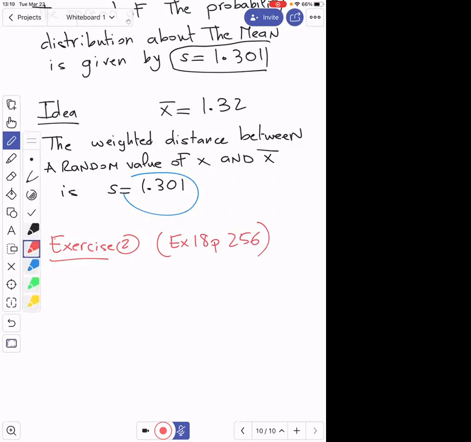All right, so here's x. X represents the age.